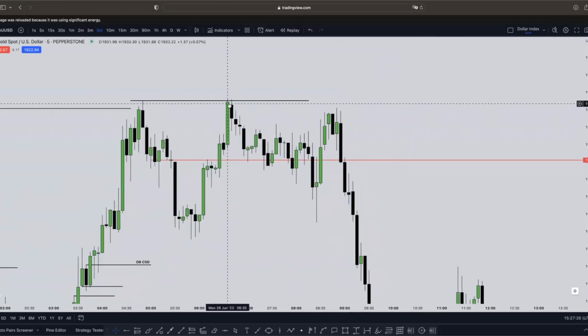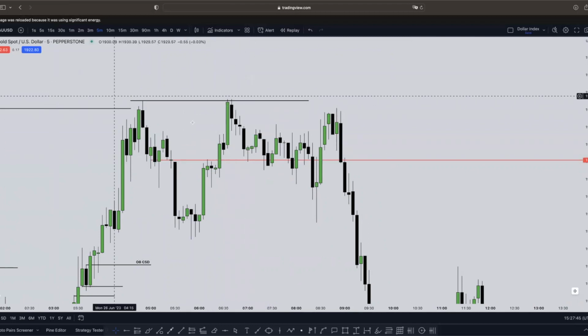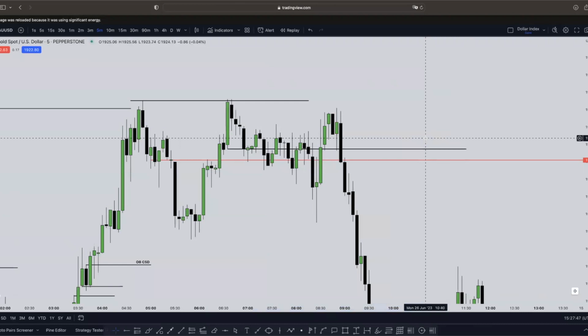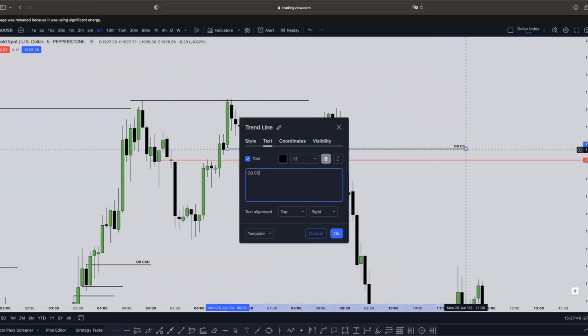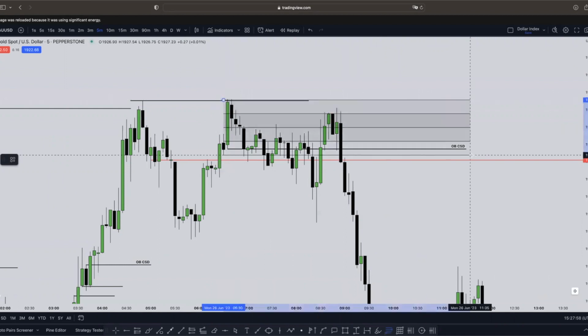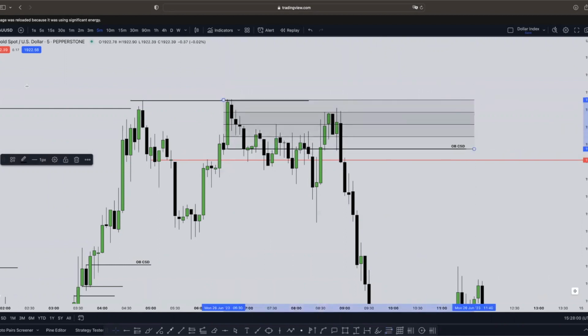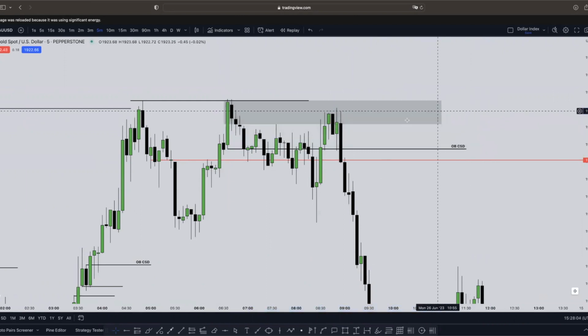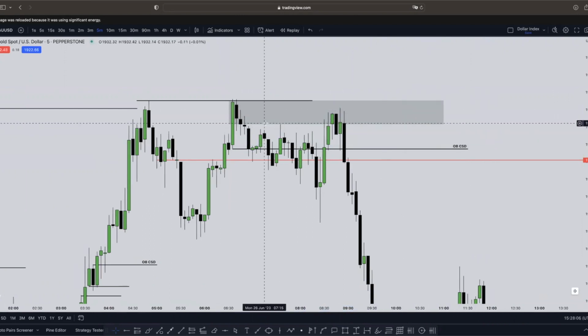Okay, so this one, when price trades through it, this is our order block CSD, OB CSD, and on these big ones the focal point is always at its 50%, from here to there. Okay, so your focal point is there.